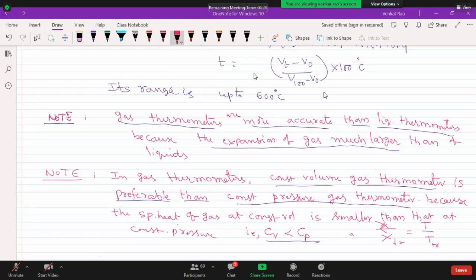One more important point is that if you want to measure the temperature with a thermometer, the thermometer must be kept in contact with your body. But these thermometers need not be kept in contact. We want to measure the temperature of the sun from the earth. The radiation coming from the sun is received by this thermometer, and by measuring the intensity of the sun's radiation, we can assess the temperature of the sun.